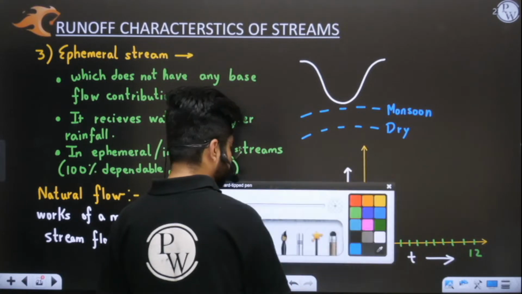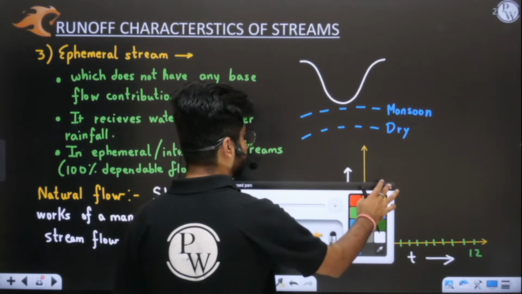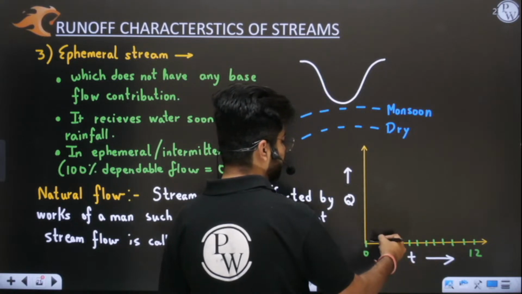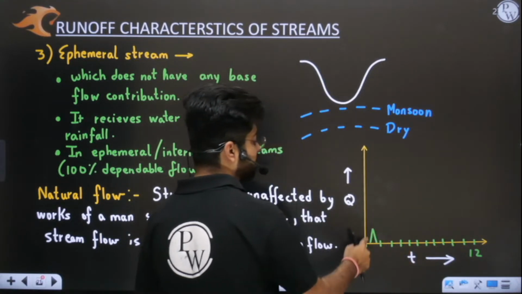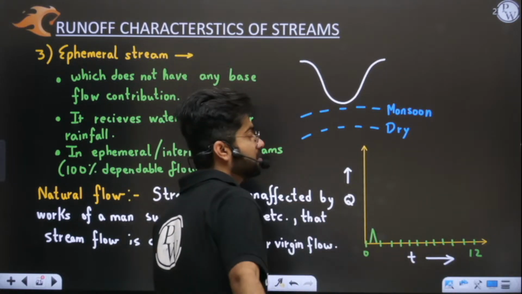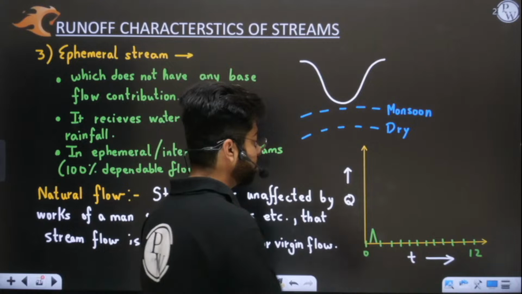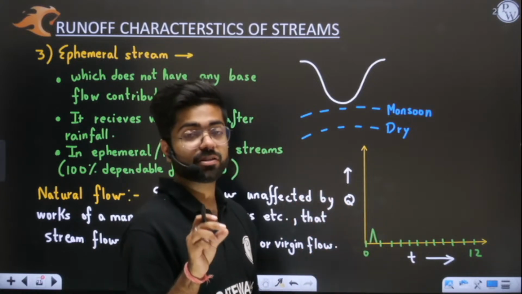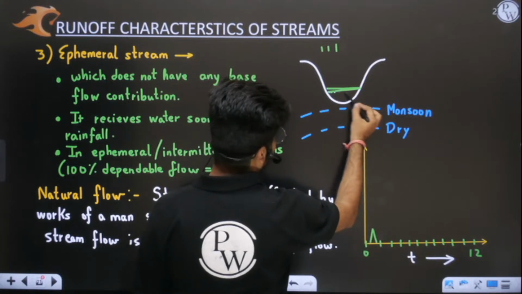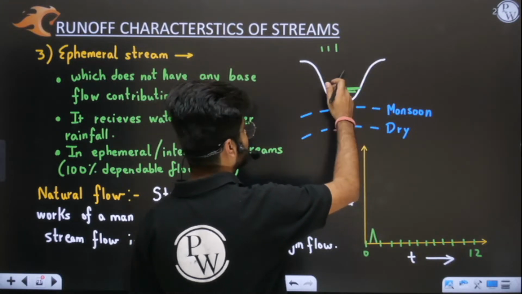You will see the graph of this ephemeral stream like this. When a small rainfall is there, you will see a small peak. Water will shoot up and it will fade away quickly after the rainfall has stopped. As soon as rain stops, you will see no water is there.